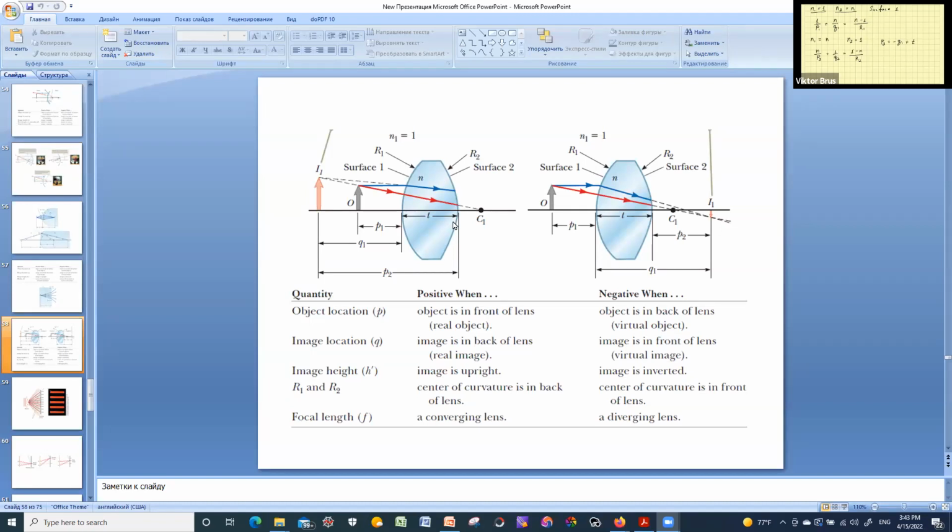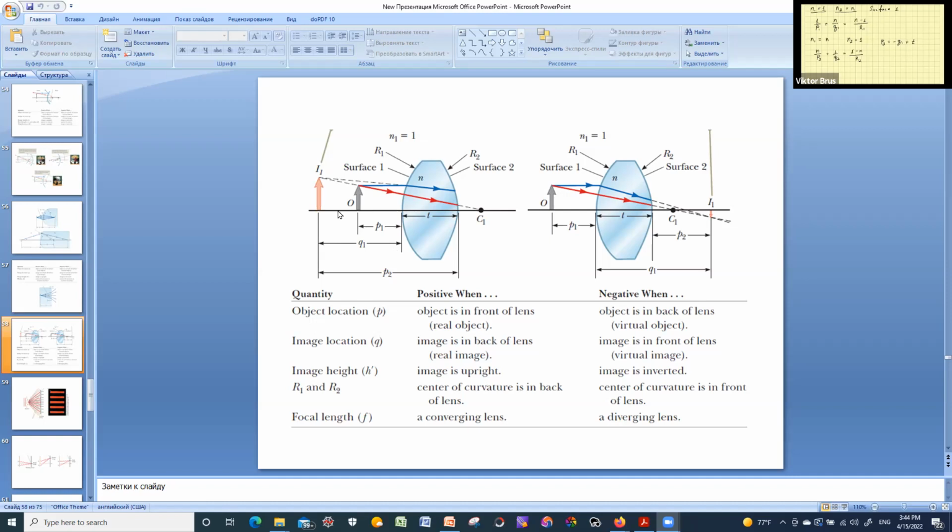So what will be distance of this image to the second curvature? It will be Q1, but with negative sign, because we remember that it's considered as positive in the left side from the interface for objects, but negative when it's on the left side for images.